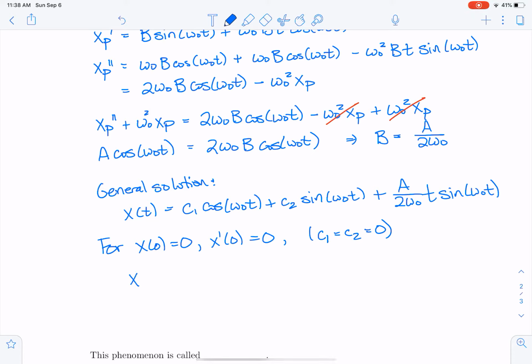So our solution in that case, x of t, is going to be a over 2 omega 0 t sine of omega 0 t. And so what I'd like you to see from this is that we have an oscillation at the natural frequency of the system, but this amplitude is going to grow linearly without bound.